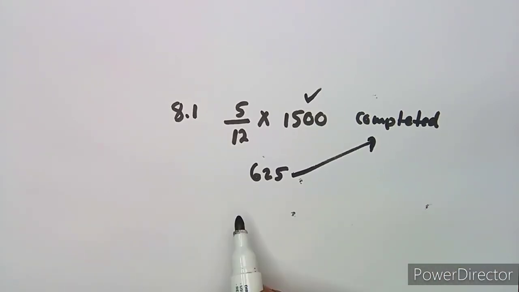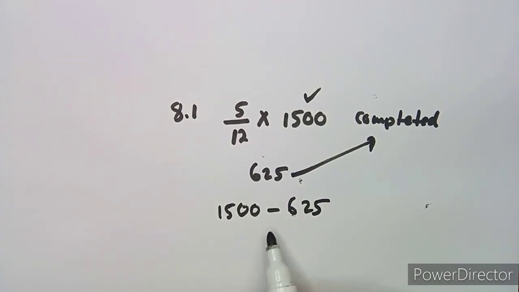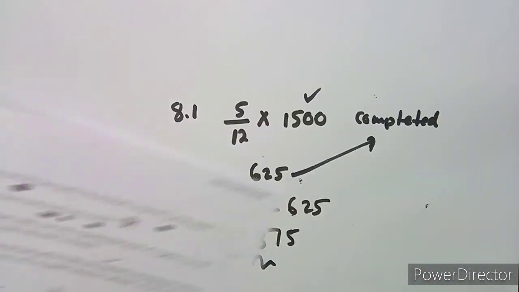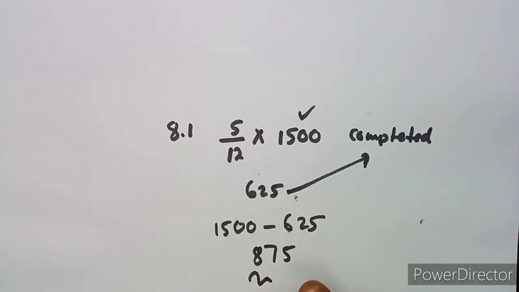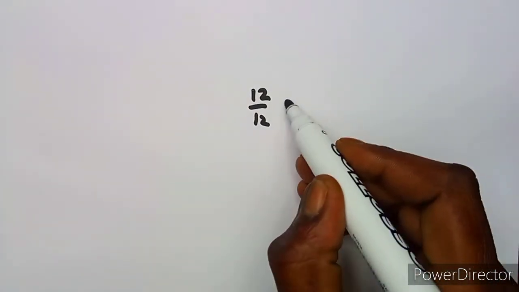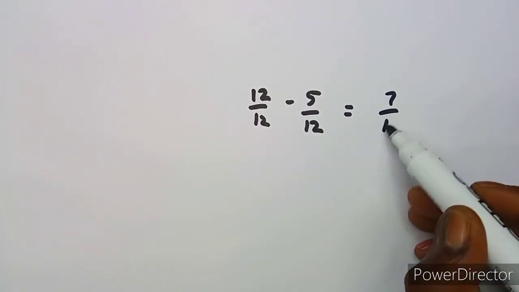So which ones now are not completed? It's 1500 minus 625. You subtract to obtain a difference of 875, which is the number that he still needs to build. Okay, or you can play around with the fraction. Because 5 out of 12 is the one that is completed, the remaining is 12 out of 12 minus 5 out of 12, which is going to give us 7 out of 12.